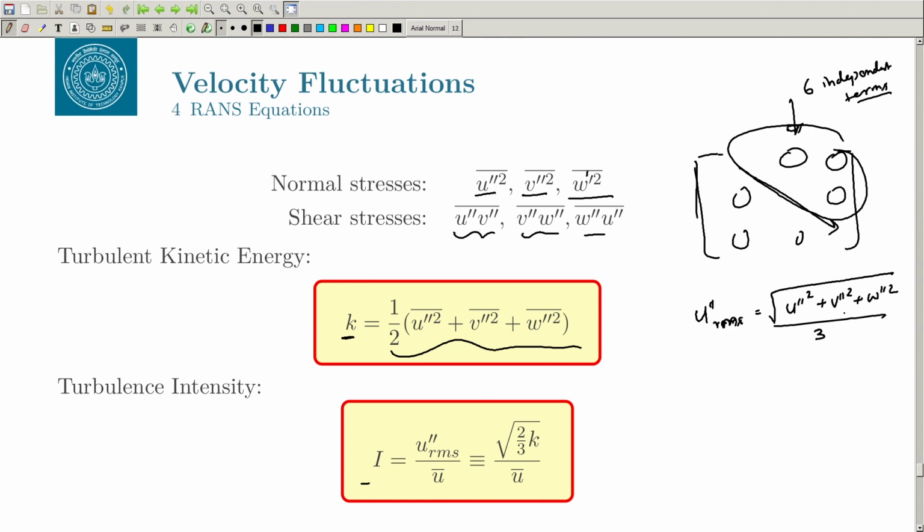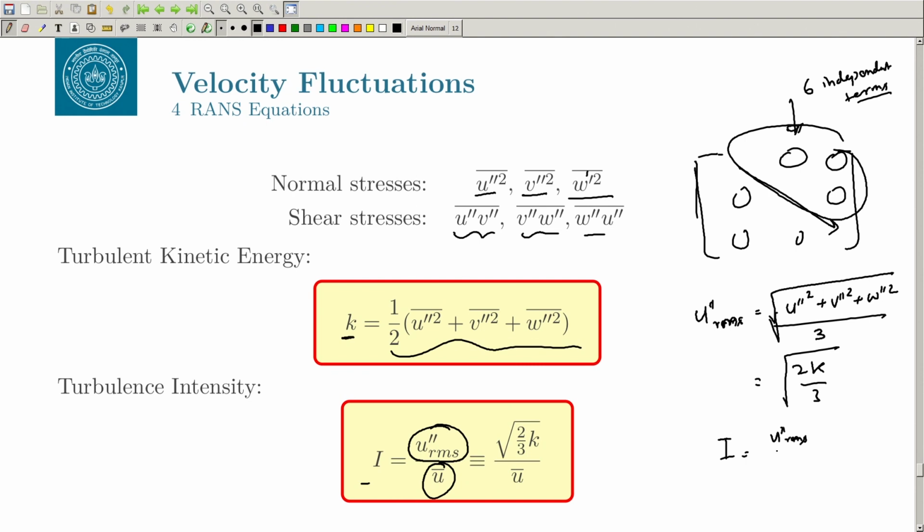And this is nothing but the square root of 2 into k by 3, your kinetic energy. So if you know the turbulence kinetic energy, you can get the RMS value and divide it by the mean flow, and that will be your turbulence intensity.